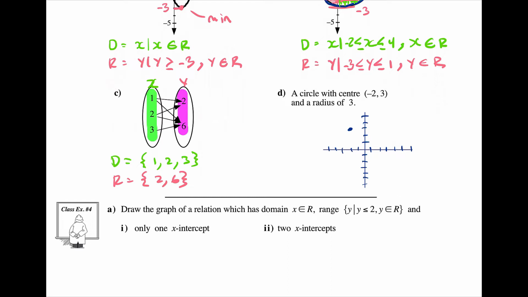And if it's got a radius of 3, that means it's going to go to the right 1, 2, 3. It's going to get to that point. It's going to go to the left 1, 2, 3. Need one more little hash mark right there. Extend that one out. And it's going to go up from here 1, 2, 3, so I would have to extend this one just a little bit, and it's going to go down 1, 2, 3.